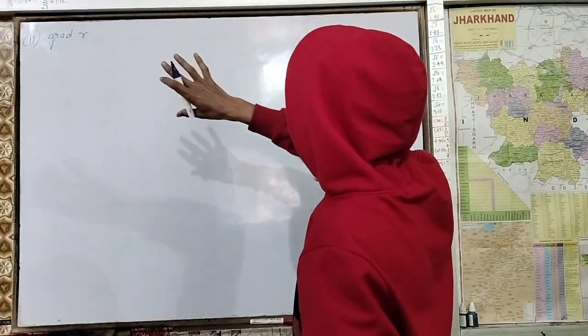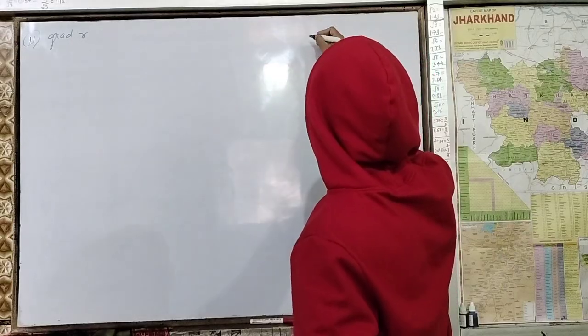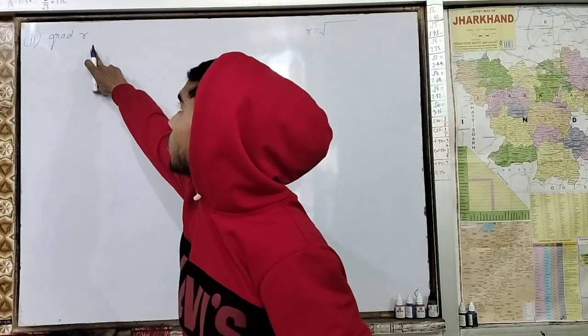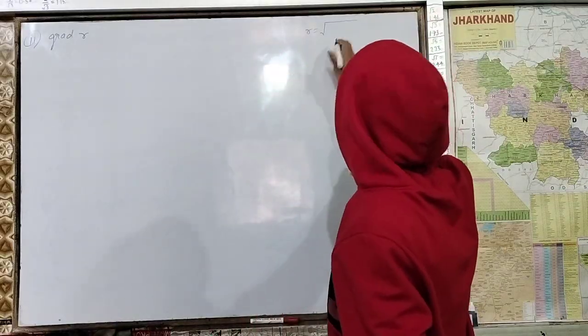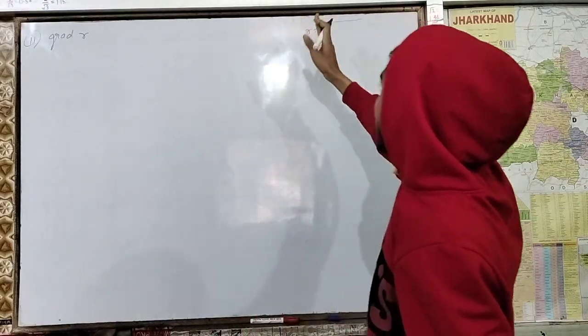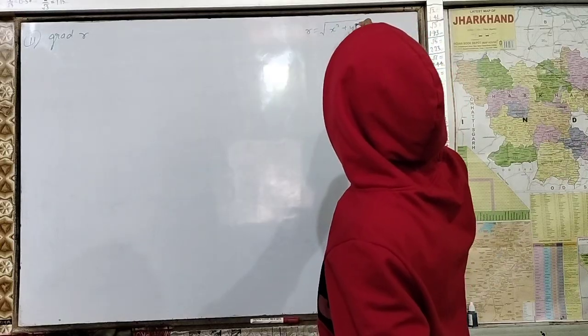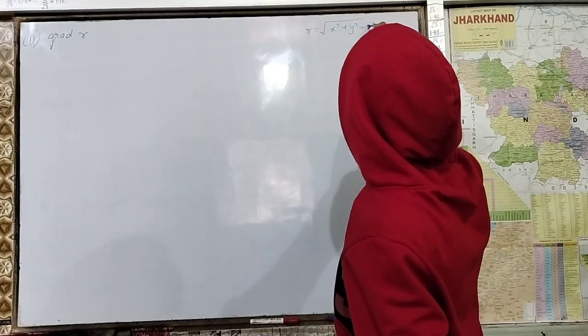Here the vector symbol is not present, so we can say r is the magnitude of a position vector. So we can write it as the square root of x square plus y square plus z square, you know.